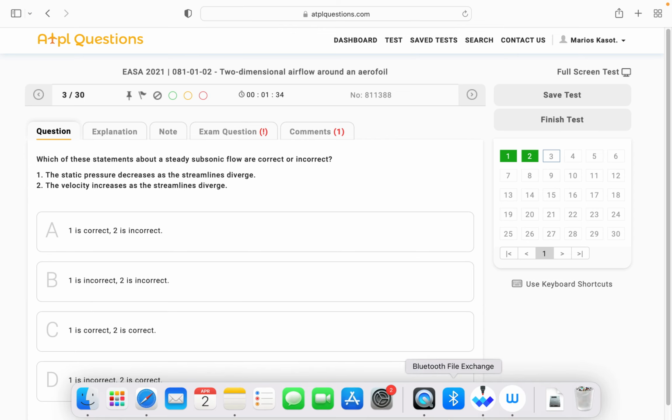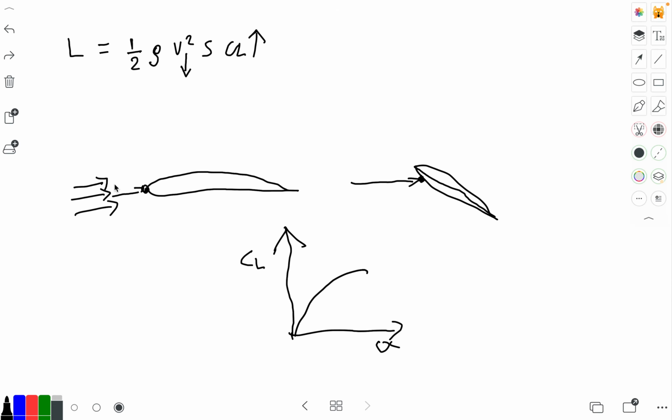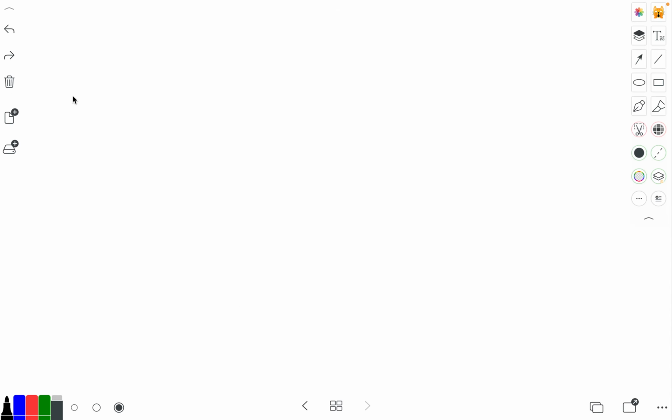Let's go. Again, let's draw our Venturi tube.